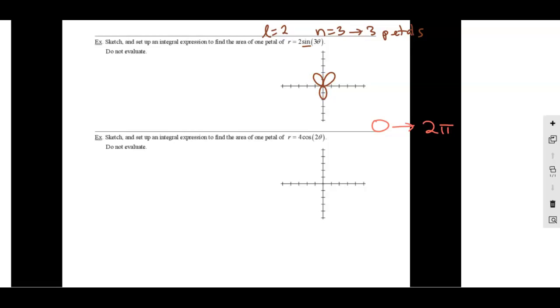So 0 to 2 pi, it went around twice. And we don't need it to go around twice. In fact, we don't even need the whole graph, because what this question wants is to find the area of just one petal. And that first petal that it graphed started here, and then it did this.